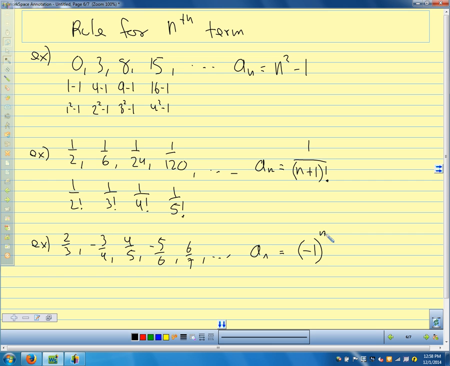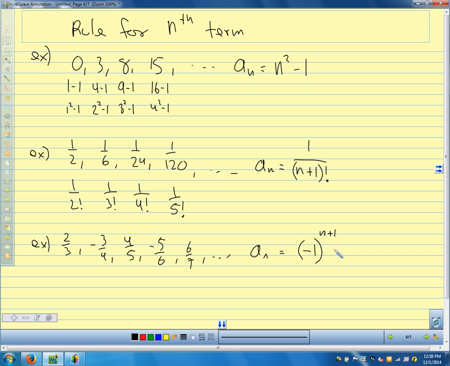What can we do to this n to turn minus 1 to the something with a 1 in it to a positive? Someone said add 1, right? So now my first term, I'd have negative 1 squared, which would be positive. For my second term, I would have negative 1 to the third power, which is negative. Third term is positive because I have negative 1 to the fourth.